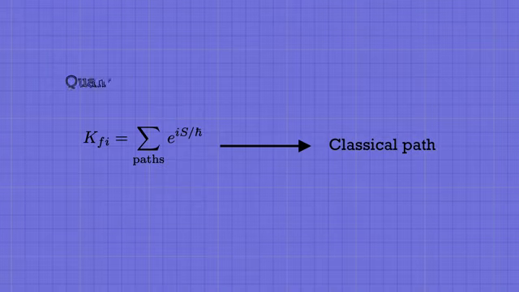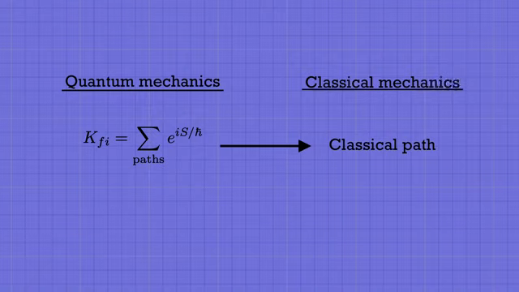After all, quantum mechanics is the more fundamental theory, and our everyday laws of classical mechanics must emerge from it in the appropriate limit. The answer to this question is one of the deepest insights the path integral reveals about the laws of physics. It will show us how F equals ma follows from this more fundamental quantum mechanical description.